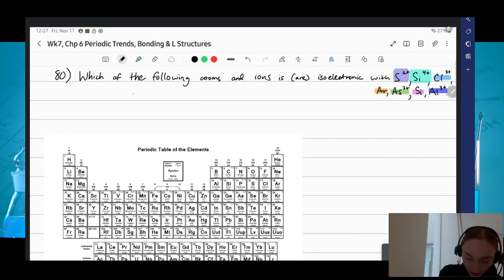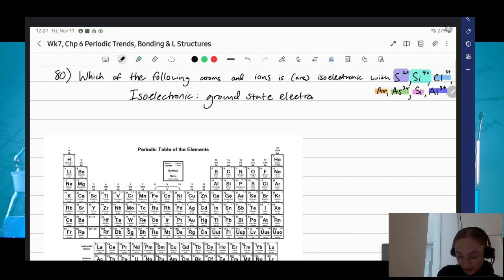So isoelectronic means its ground state electron configurations are the same.